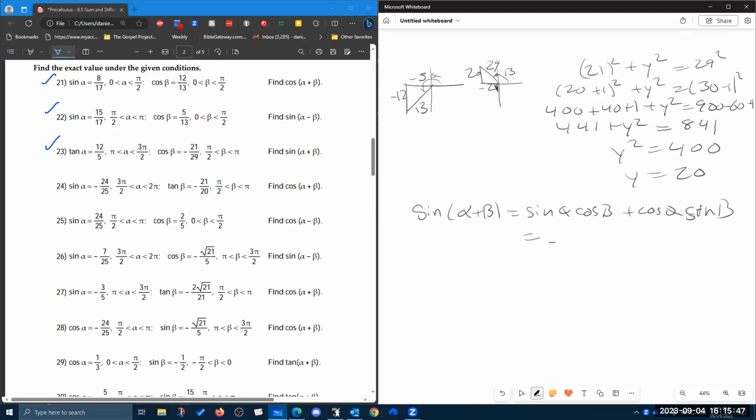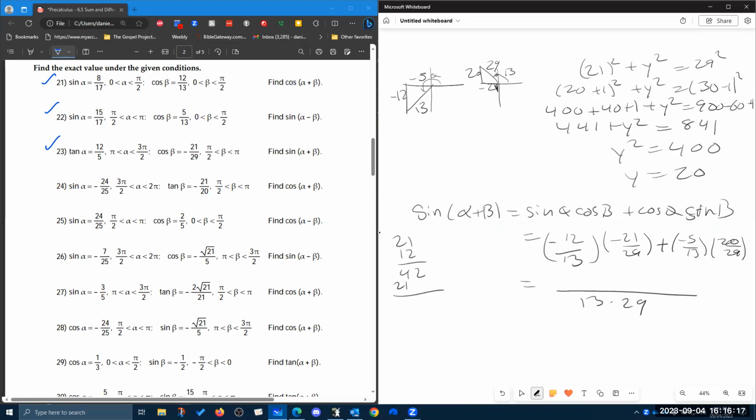Sine alpha is a negative 12 over 13. Cosine beta is a negative 21 over 29. Plus cosine alpha is a negative 5 over 13. Sine beta is 20 over 29. 13 times 29 down here. 21 times 12 is 252, and that's positive.